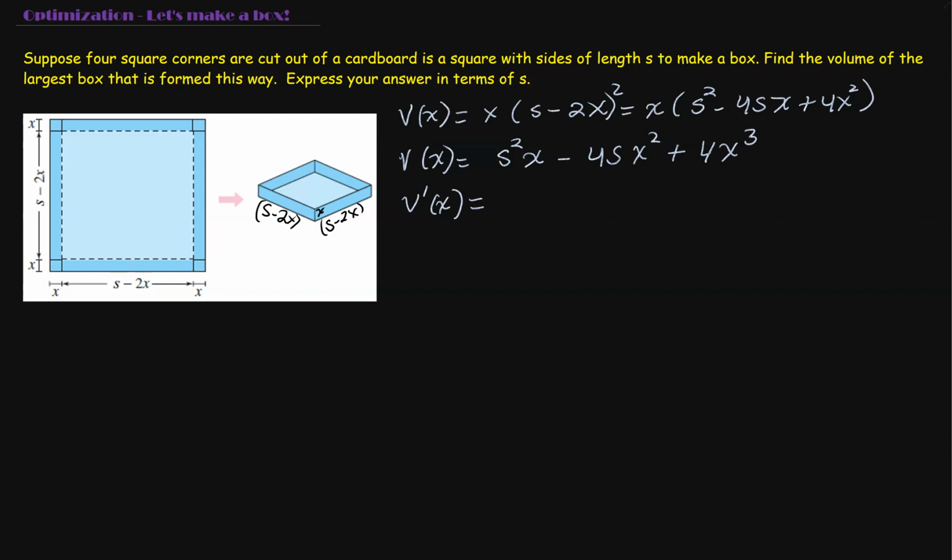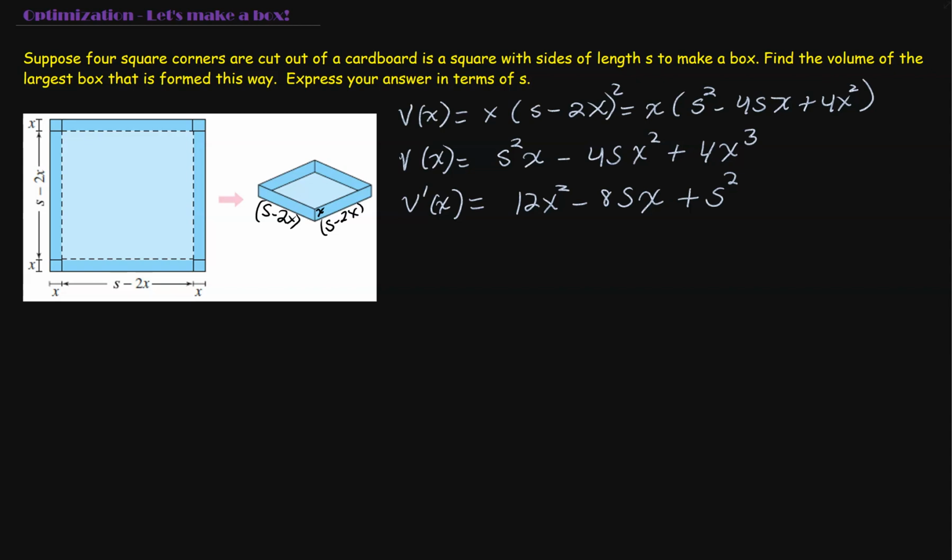So the derivative, writing that in order, is 12x squared minus 8sx plus s squared, where s is the dimension of that original square. That's a fixed number, not a variable, so we don't need implicit differentiation here. We're treating s as a constant.